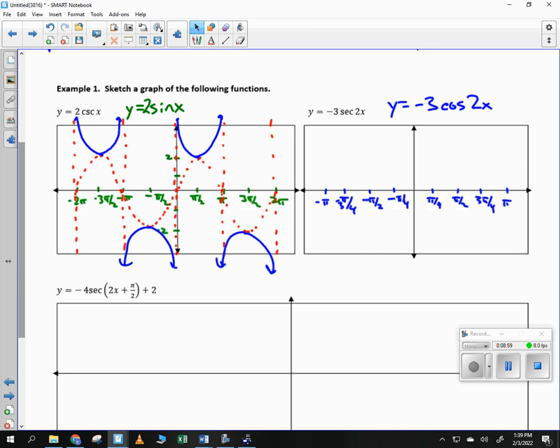My maximums and minimums are going to be what? -3 and +3, as there's an amplitude of 3. Notice how I give myself space at the top and the bottom for this graph. Where do I start? Start at the bottom. How come? Negative cosine. Good. Cosine starts at max and min, and because it's negative, starts at the bottom.